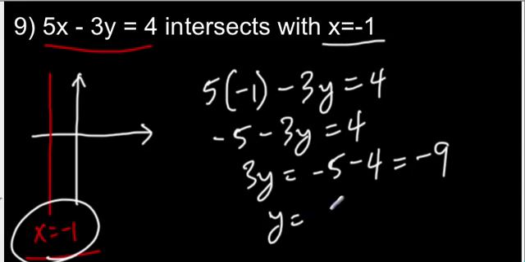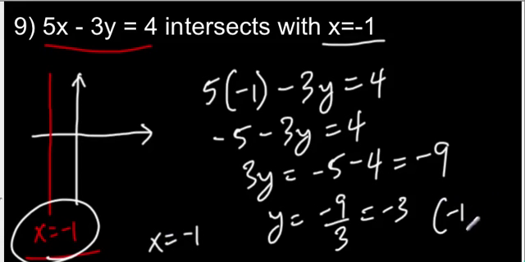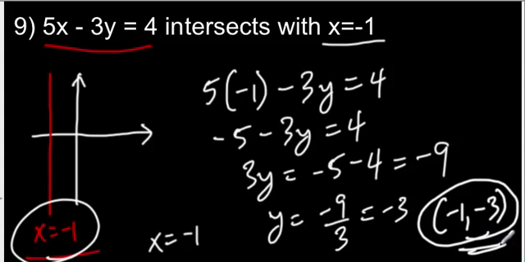And so y is equal to negative 9 divided by 3, which is negative 3. And keep in mind that x is equal to negative 1. So our point of intersection is negative 1, negative 3, and that's our answer.